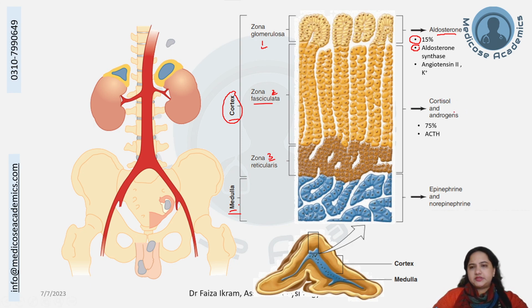Moving on, zona fasciculata and zona reticularis both produce glucocorticoids, among which the most important is cortisol, and androgens. 75% of the production is from these layers, and mostly adrenocorticotrophic hormone regulates the production of these hormones from the zona fasciculata and reticularis.